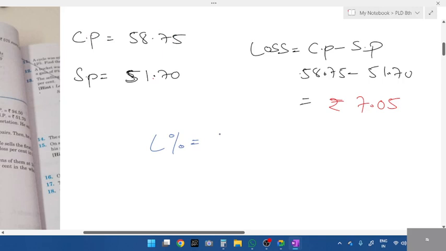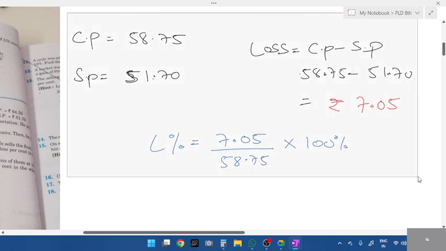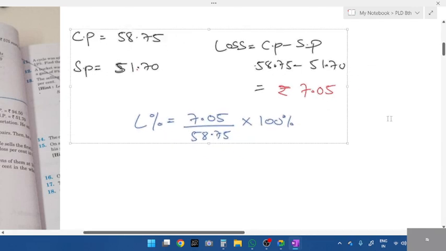What is the loss percent formula? Loss divided by cost price into 100. Okay, numerator has a decimal. How do you remove the decimal? If not, the calculation will become tough.